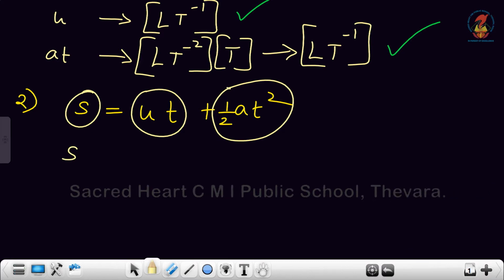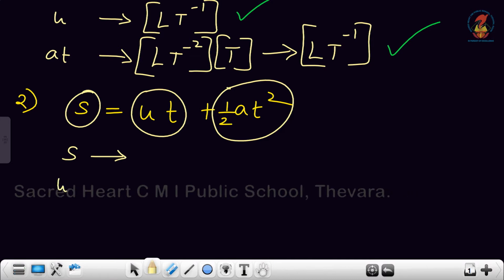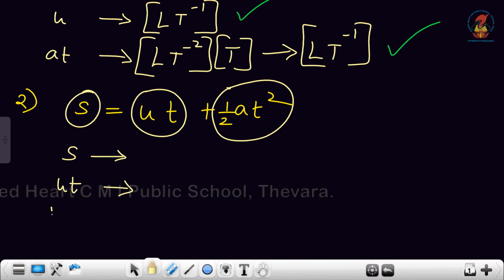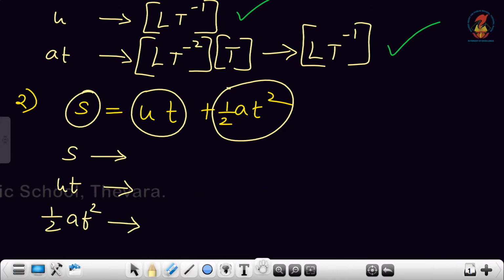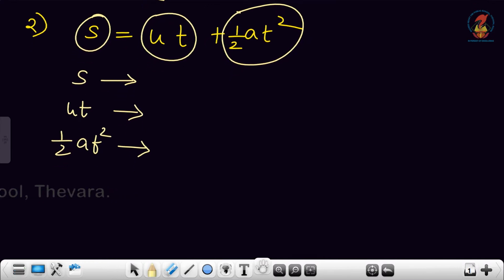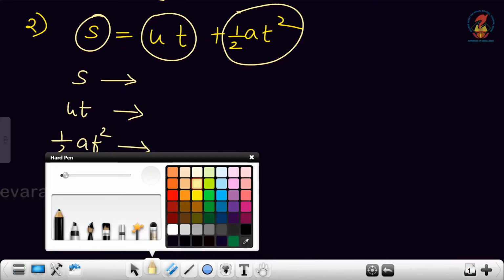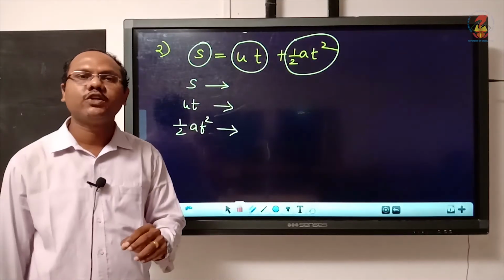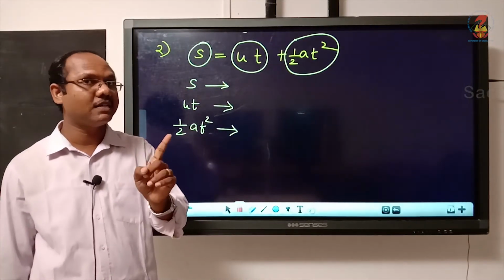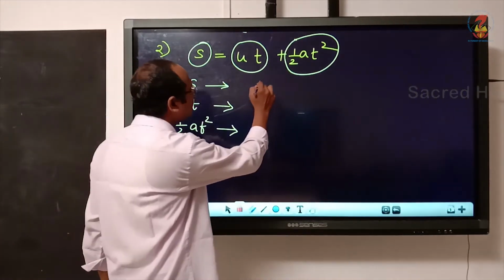So as I told, you have to write each term individually. Now let us write the dimensions of each term. What is the dimension of s? s is displacement, so the dimension of s is L.